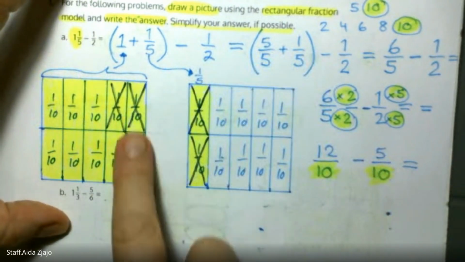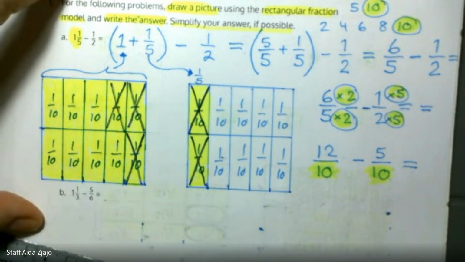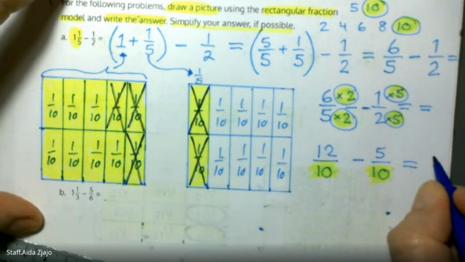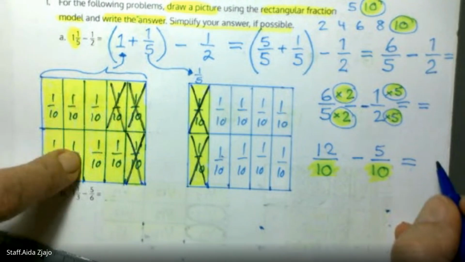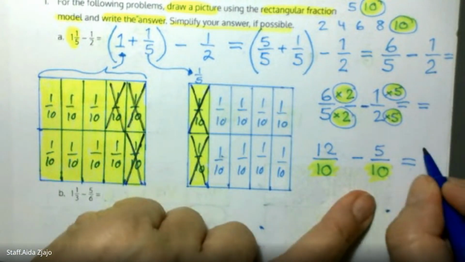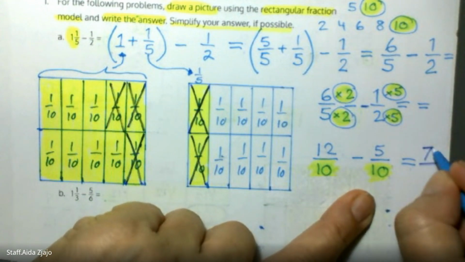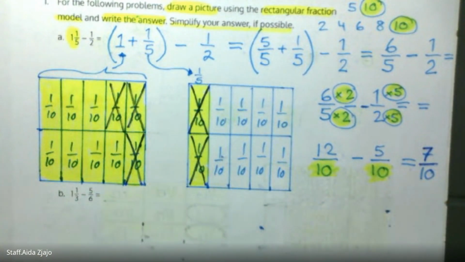I'm going to give my friend these 5 tenths, and then this will be left for me. So 12 minus 5 is 7. 1, 2, 3, 4, 5, 6, 7 tenths. 7 tenths is how much is left for me.